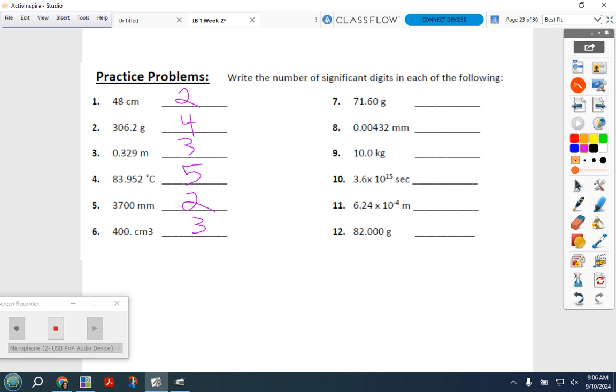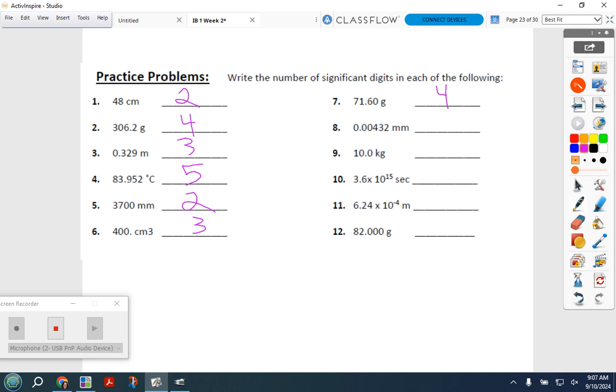3. Okay, so you're saying that this trailing 0 is not significant because it's a trailing 0? Okay. Is it after a decimal place? Does that change anything? Yes. Okay, so how many do we have here? 4. Yep. Okay.